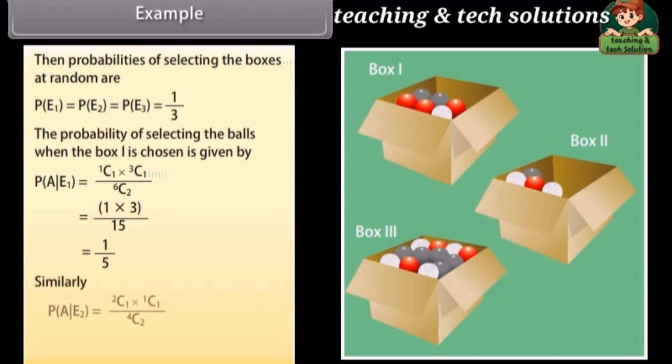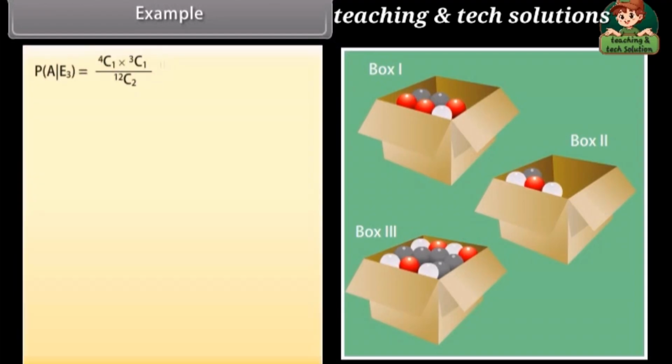Similarly, the probability of selecting the balls when box 2 is chosen is equal to 2C1 into 1C1 by 4C2, which is equal to 2 into 1 by 6, which is equal to 1 by 3.